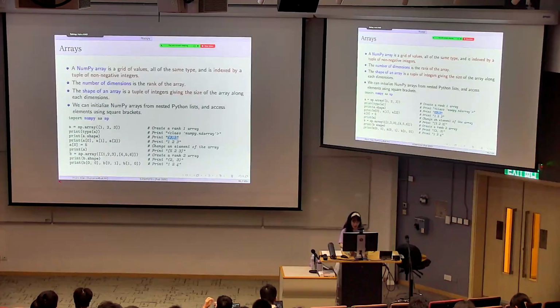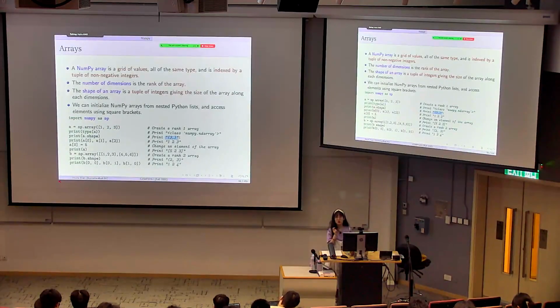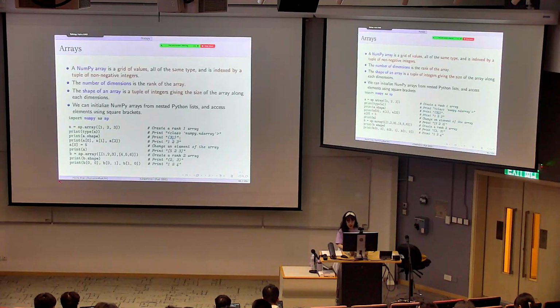We know that A is 1, 2, 3, right? And the size is just 3. In total, there are 3 elements, so the shape would be 3. And NumPy's convention is that for 1D array, even though it's only 1D, the shape will be something like this: the size, added with a comma and ended with the right parenthesis. So even though it's 1D, it will look like that instead of just the 3. So it will leave this comma here.